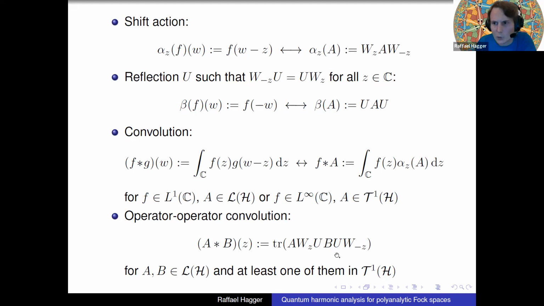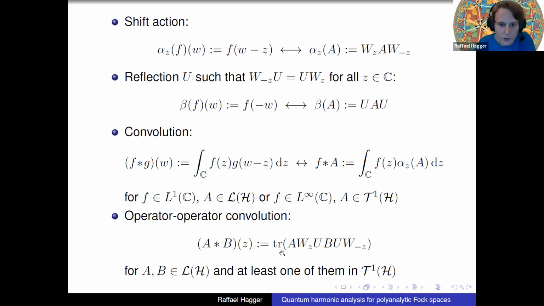That's not immediately clear why you would do that. If you go by analogy, you maybe don't see why you want the U here. But the reason is that the trace is cyclic, and when you cycle everything through, you see that you need these U in order to make this convolution commutative. That's the only reason. If you commute everything through, you want the B where the A is and the A where the B is, and if you don't put the U, then you get the same thing but with minus C, and that's why you have to put this U as well.